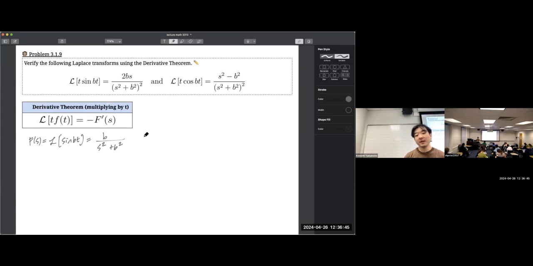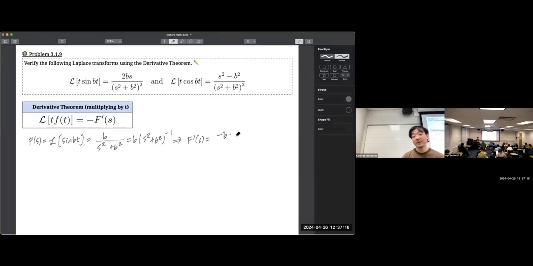And then let's compute the derivative of this. Imagine this is the same as b times s squared plus b squared raised to -1, which means that my f prime is going to equal negative b, and then you'll have to take the derivative of the inside.